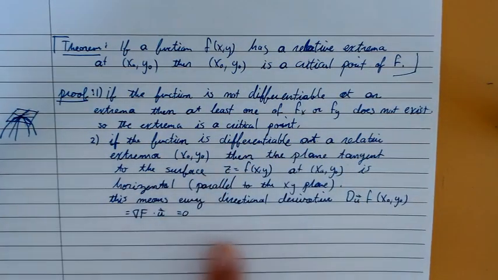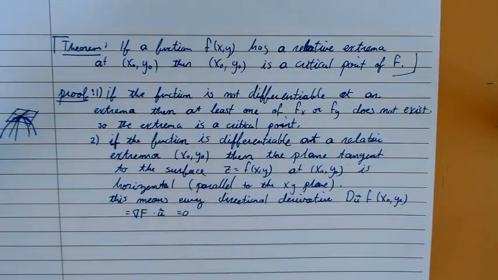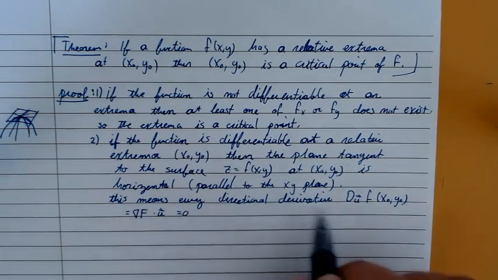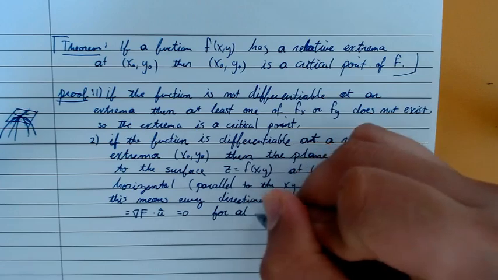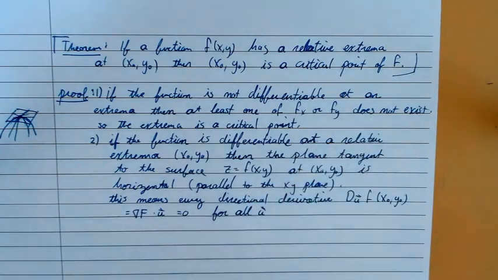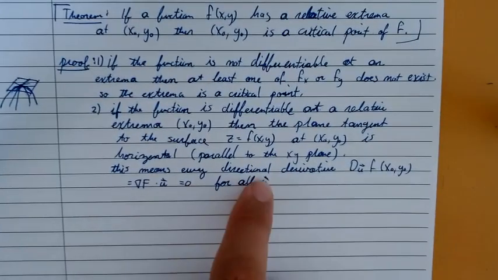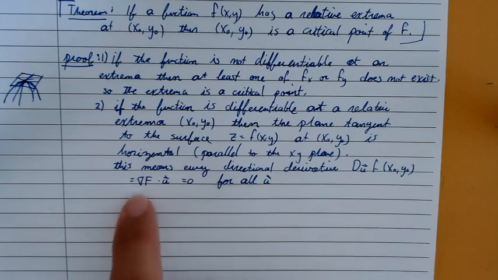Every directional derivative must be 0. One way of defining the directional derivative is the gradient of f dotted with the direction u, and this is true for all u, no matter what direction we're going in. But then the gradient of f dot u is equal to 0, and since u is not 0 because it can be anything, that must mean the gradient of f is equal to 0.